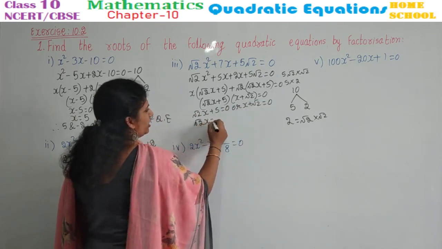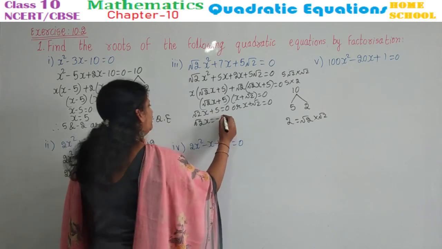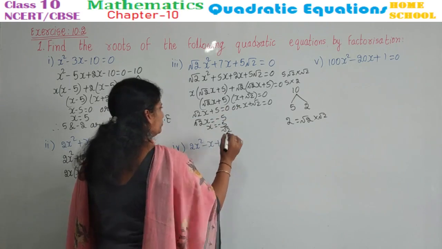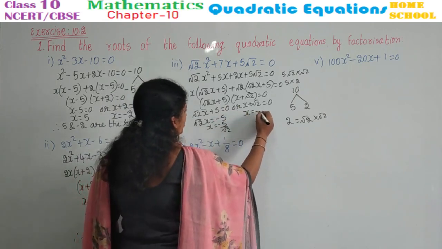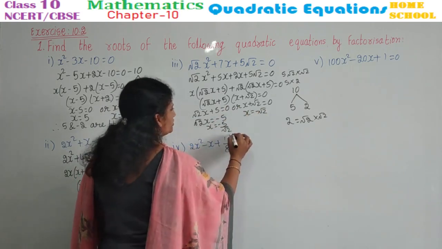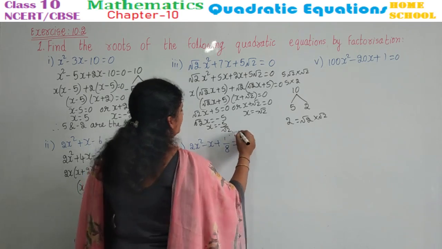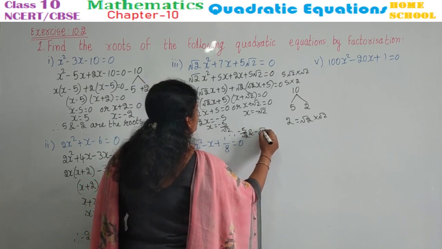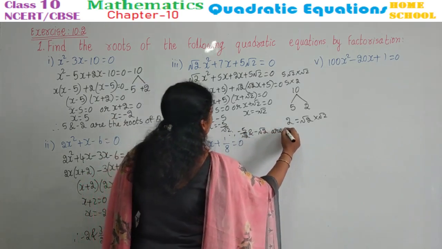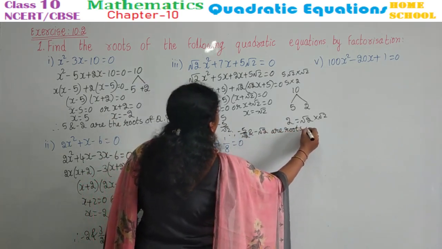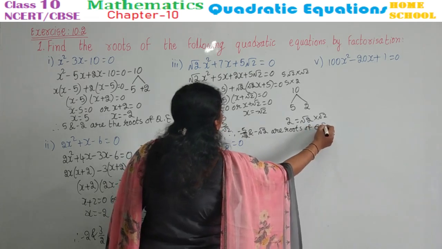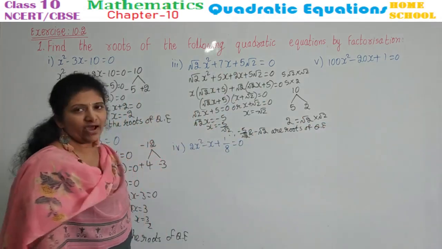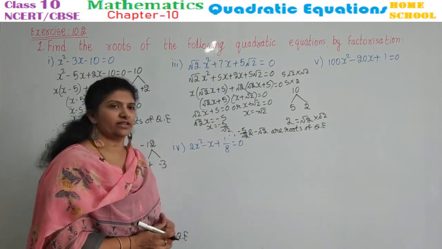Root 2x is equal to minus 5, x is equal to minus 5 by root 2, or x is equal to minus root 2. So finally what can I say? Therefore minus 5 by root 2 and minus root 2 are the roots of the quadratic equation root 2x square plus 7x plus 5 root 2 equal to 0. These two are the roots.